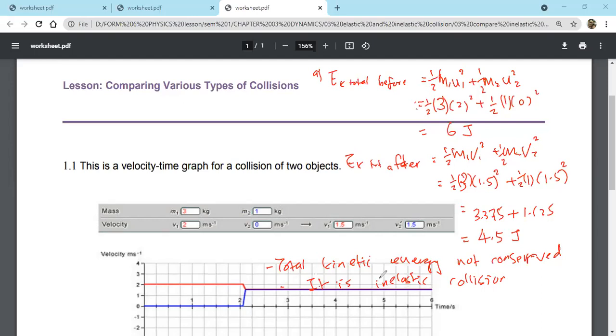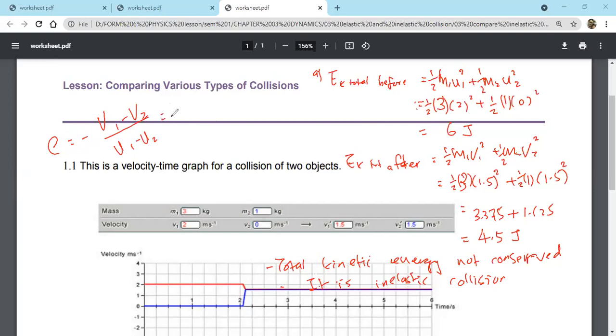If we use e, e equals negative (V1 minus V2) over (U1 minus U2).